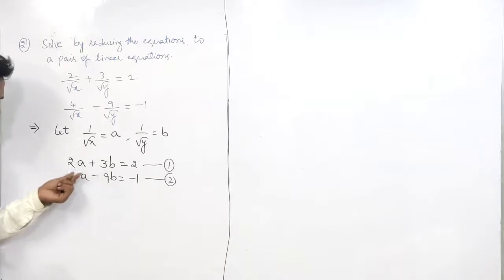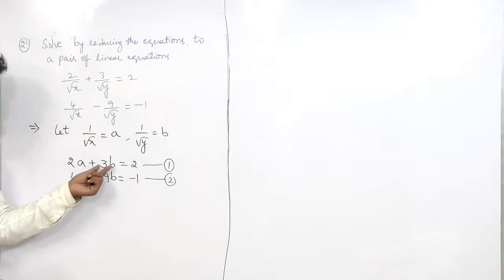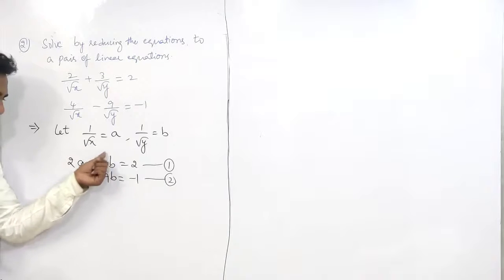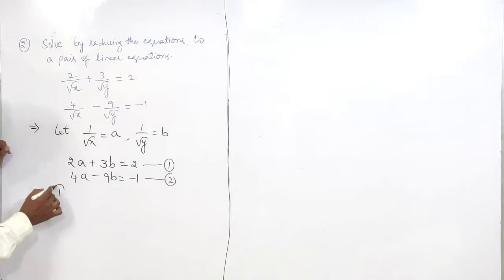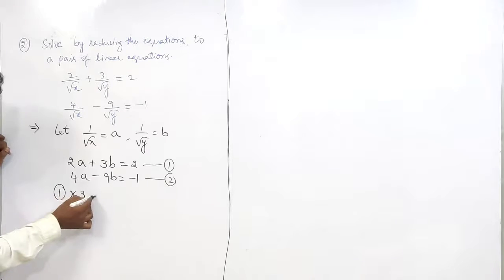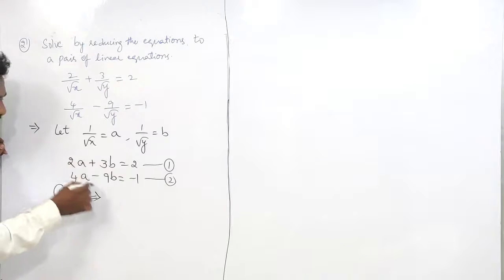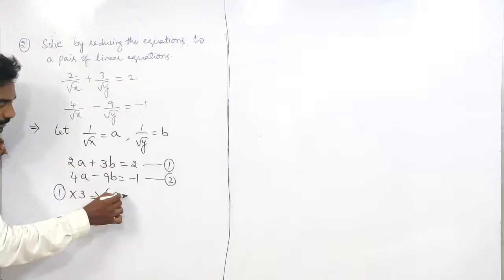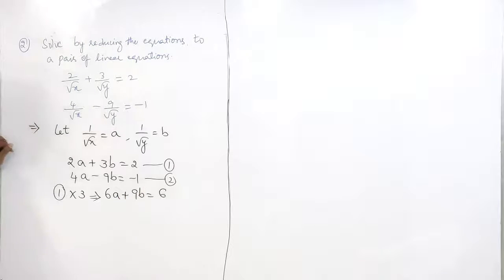Now see here, this is 2a and this is 4a, or here 3b, 9b. If I multiply by 3 here, it becomes 3 3s are 9. Here also you get 9. I am multiplying the first equation by 3. Multiply the first equation by 3, you get 3 2s are 6a, 3 3s are 9b, 3 2s are 6.